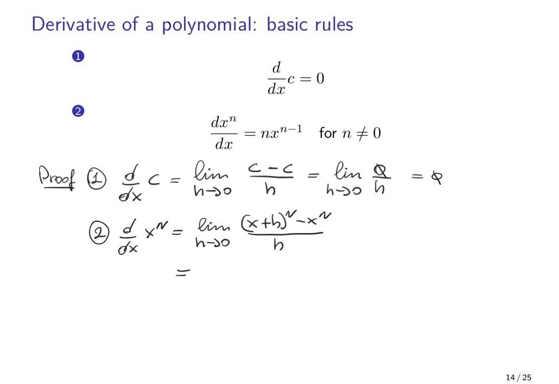And now we want to write out the x plus h to the power n. So here, this is the term that we'll have to simplify a little bit. And here I'm gonna give you a result that we will prove more rigorously later when we talk about the binomial expansion.